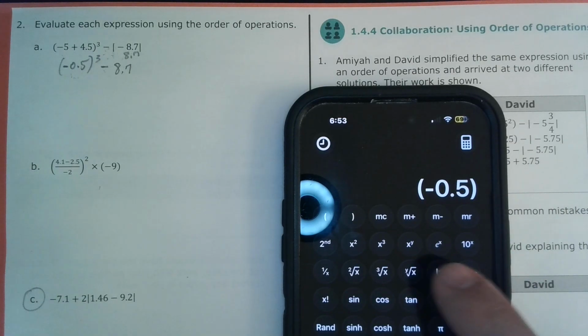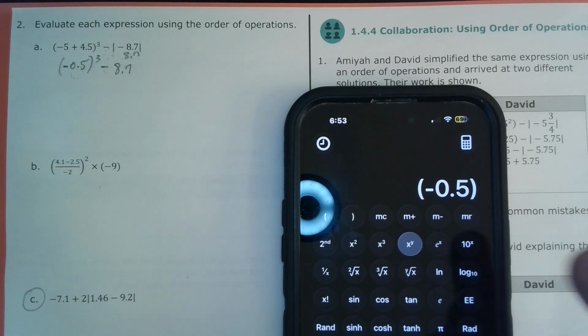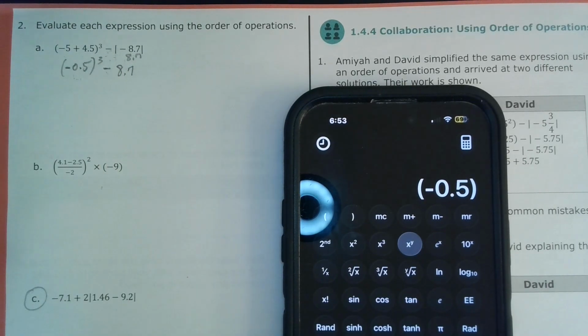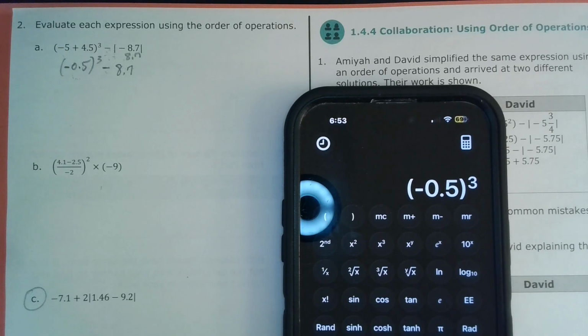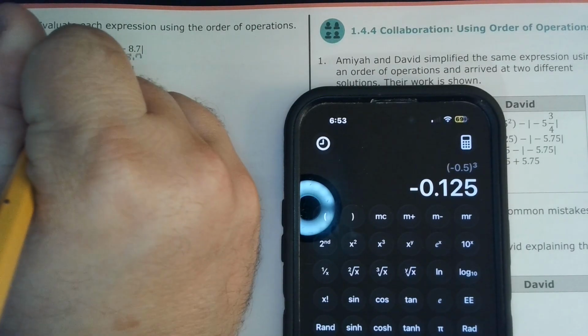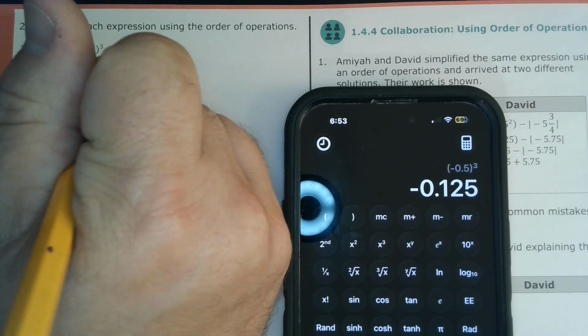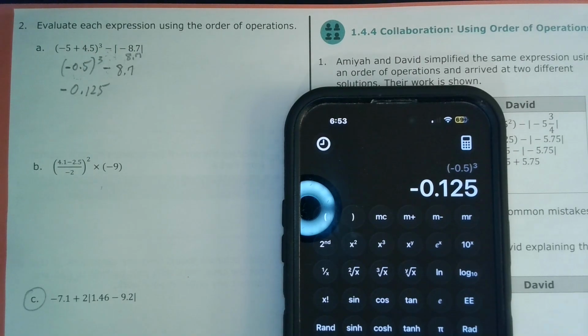And on this calculator, you use this button, and we're going to take it to the third power, or cubed, okay, equals. All right, so I'm just going to write this over here, and I can type it in the calculator from there, and that's what I've told you guys. I know before you weren't allowed to use the calculator. I am saying go for it.